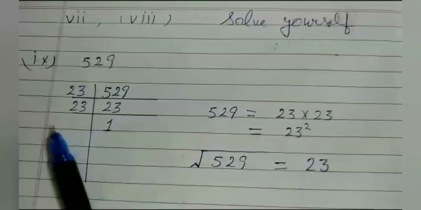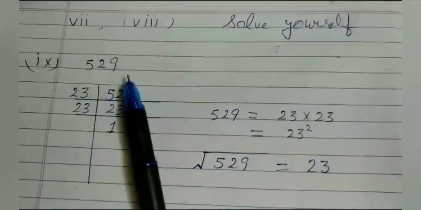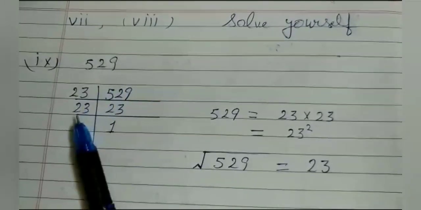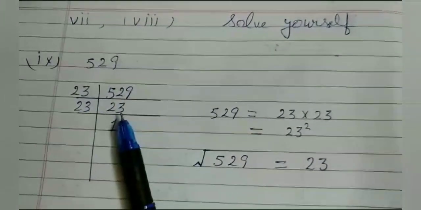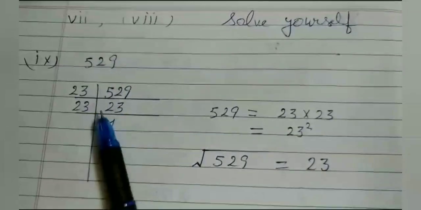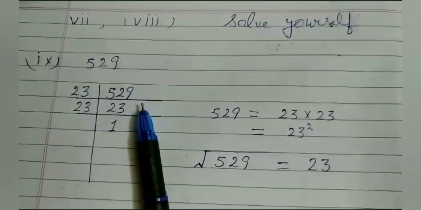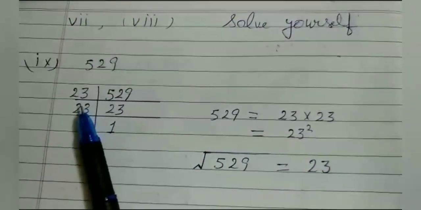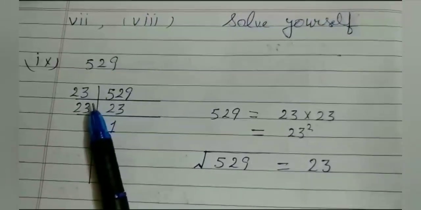We take the 9th part, 529. When you try to divide this number, you find 529 is divisible by 23.